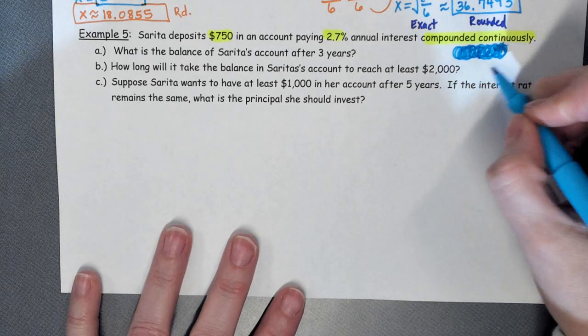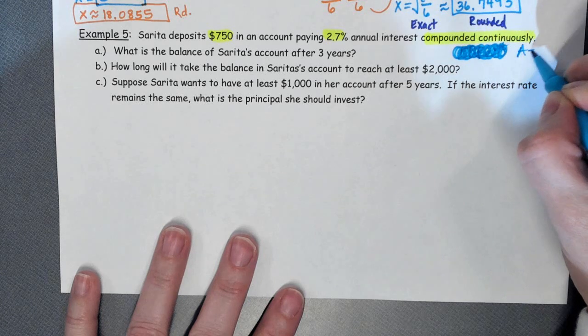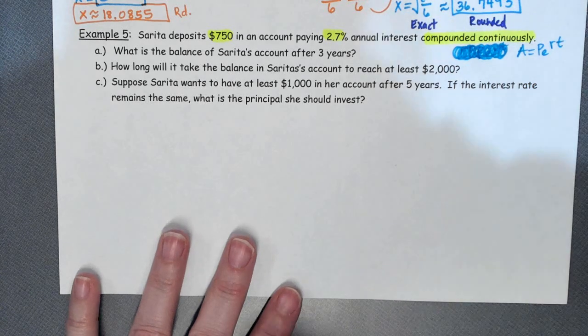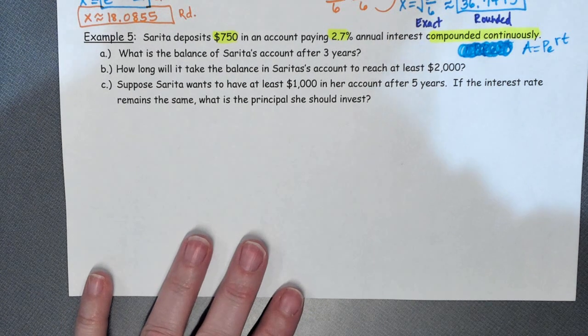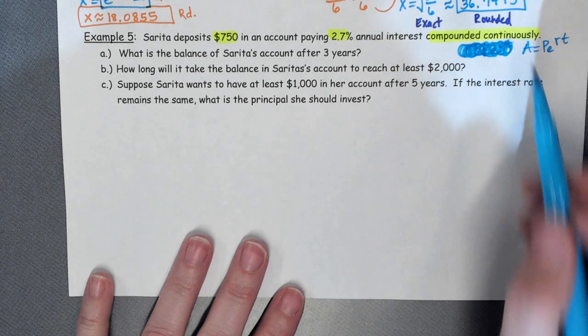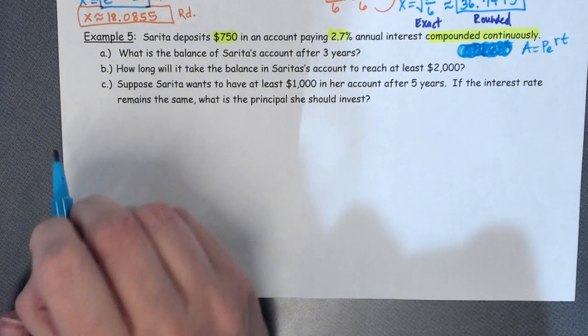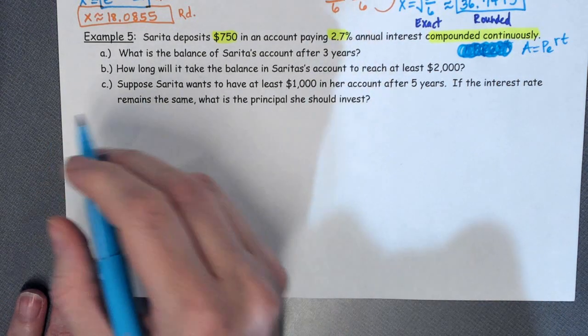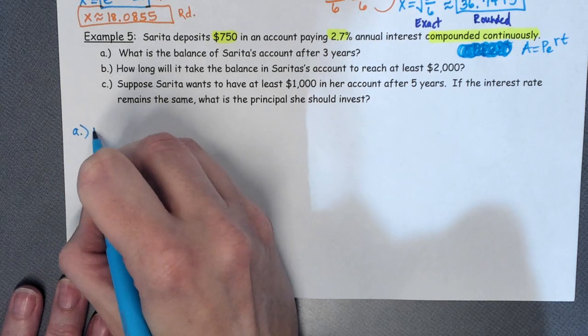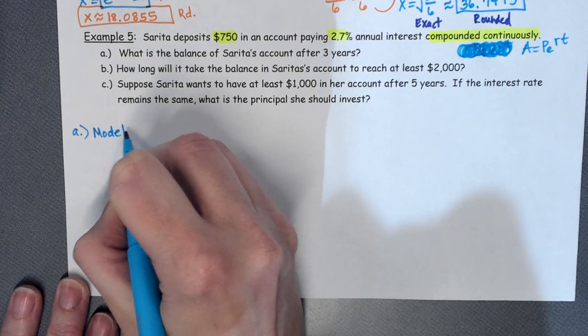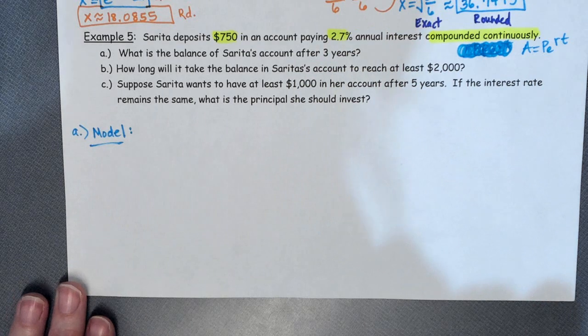Okay, so we know that it's A equals PE to the RT, and that's when it's compounded continuously. So when you're trying to find the balance for part A, you're going to have to make sure you understand what the model is. A model is just another word for your equation.